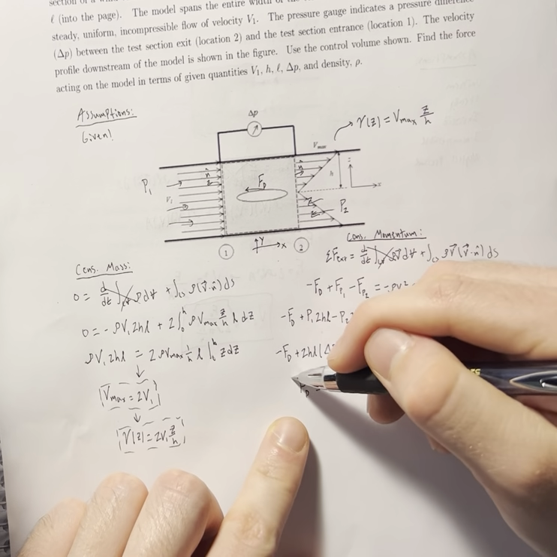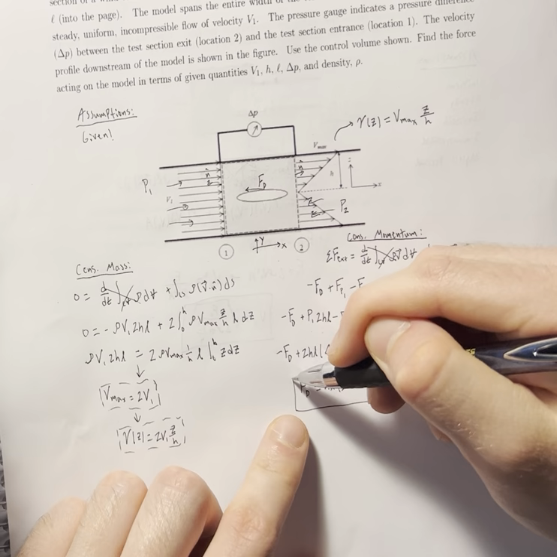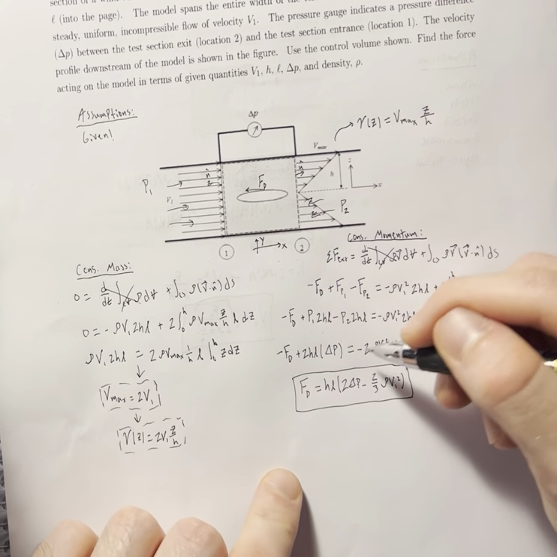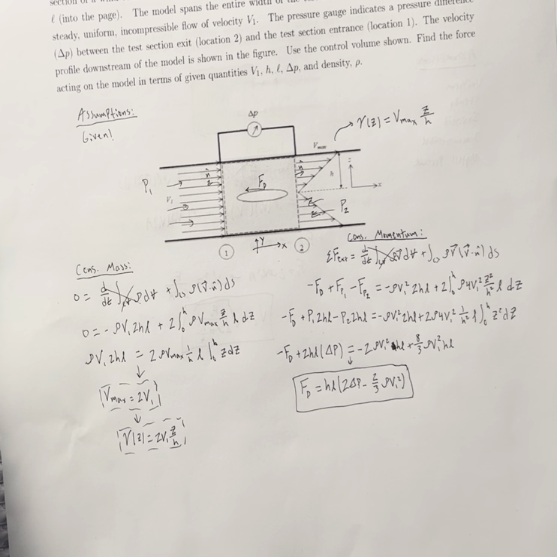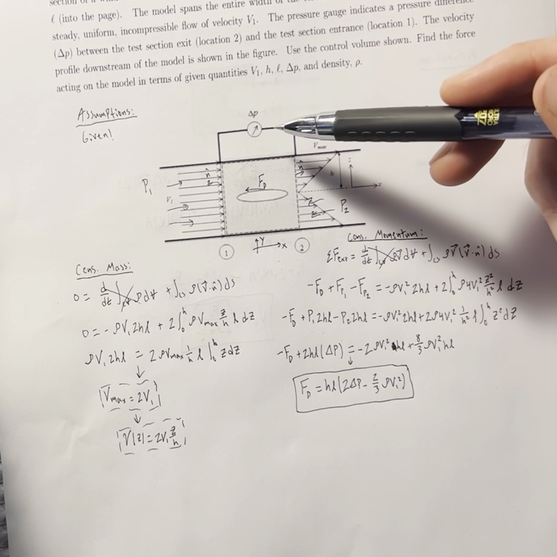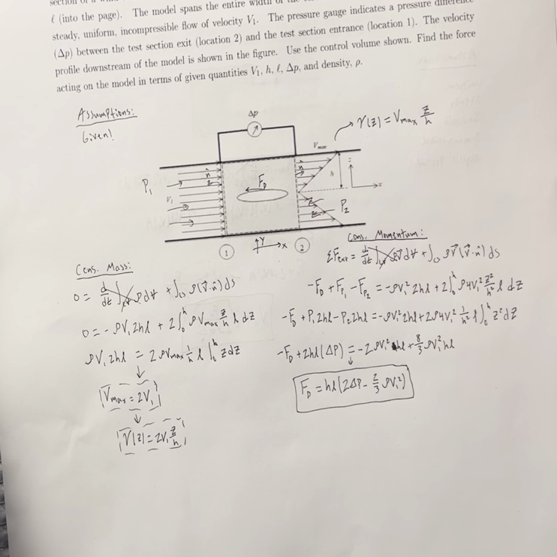All right, and simplify however you want. I factored out the HL, but not too much of an algebraic leap from there to there. Just do the math for it. It's not that big of a deal. But yeah, there's that. Whenever you're given some sort of delta P, that's a huge giveaway that you're going to have to do some conservation of momentum.